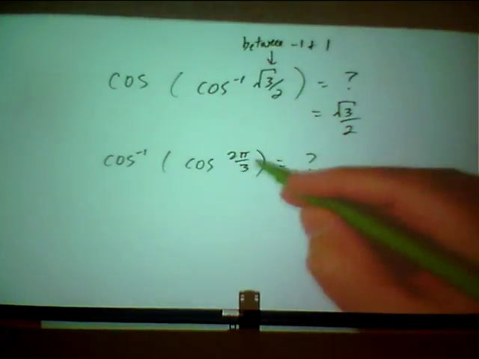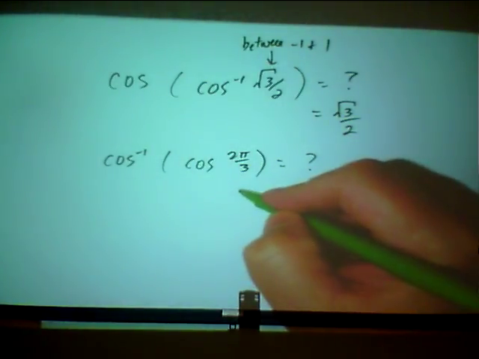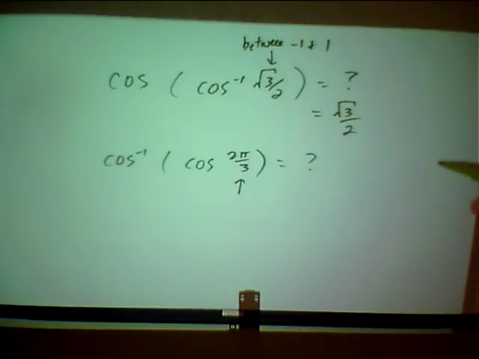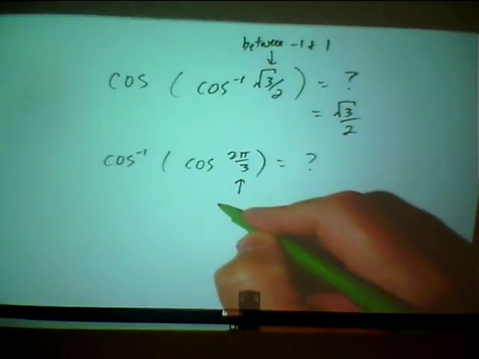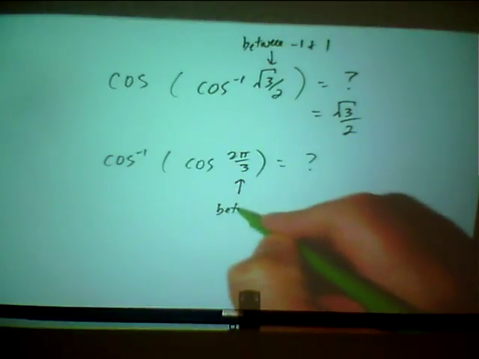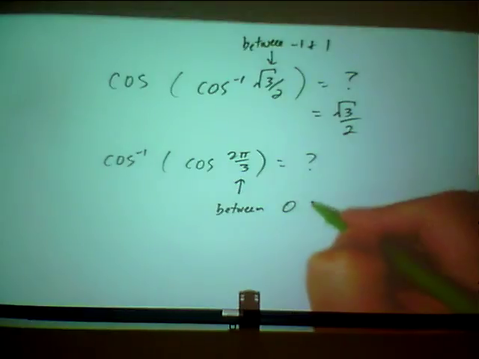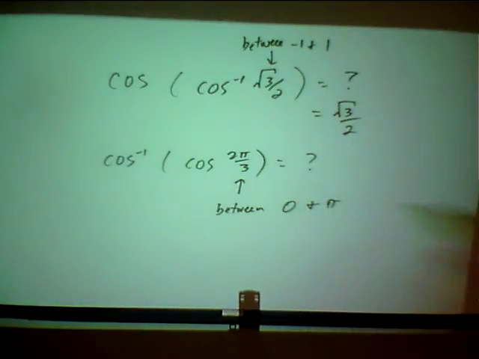Now for this, the limitation is for the cancellation rule, this angle has to be between 0 and pi. It's really following the same sort of limitations as when we did the inverse cosine function.